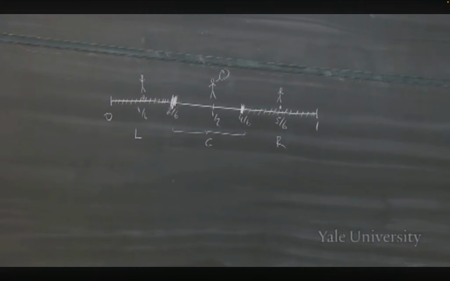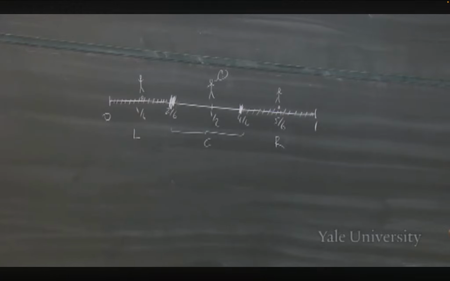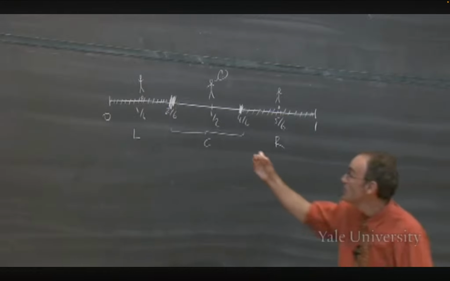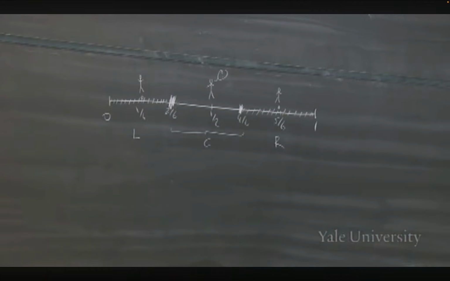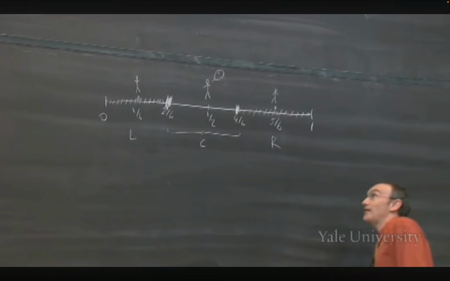So the center candidate's going to get squeezed out. So with just a little bit of thinking, we can tell that in this very simple model, the furthest apart the left and right-wing candidates can be is at a sixth and 5/6. They can't go to the extremes, but they're not pulled all the way to the center. So that's just a little bit of nerdy math to confirm it.